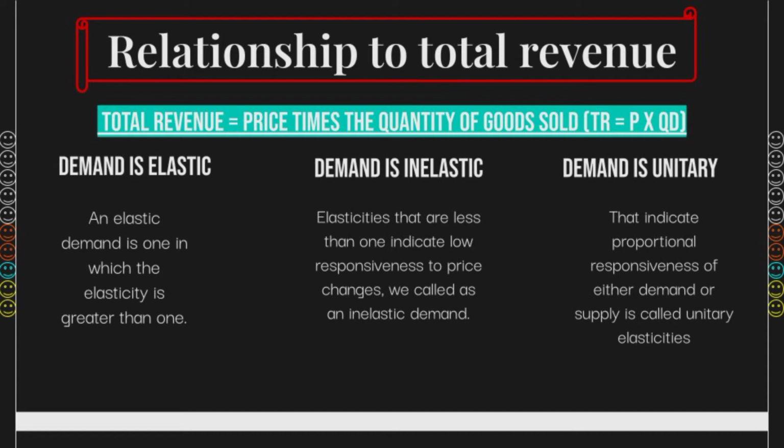Second, demand is inelastic. Elasticity that is less than 1 indicates low responsiveness to price change, and we call it inelastic demand. Last, demand is unitary, which indicates proportional responsiveness of either demand or supply and is called unitary elasticity.